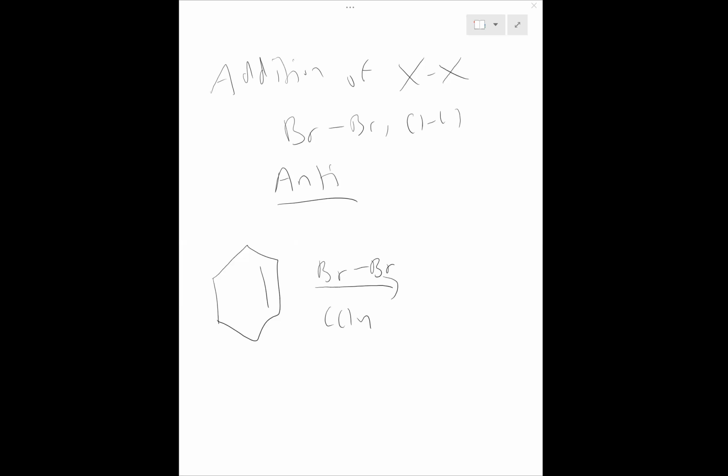What's happening is that this double bond is going to attack the Br, and as this attacks the Br, this Br is going to attack this carbon. As that happens, it's going to break its bond with the other Br, and now you end up with Br minus.